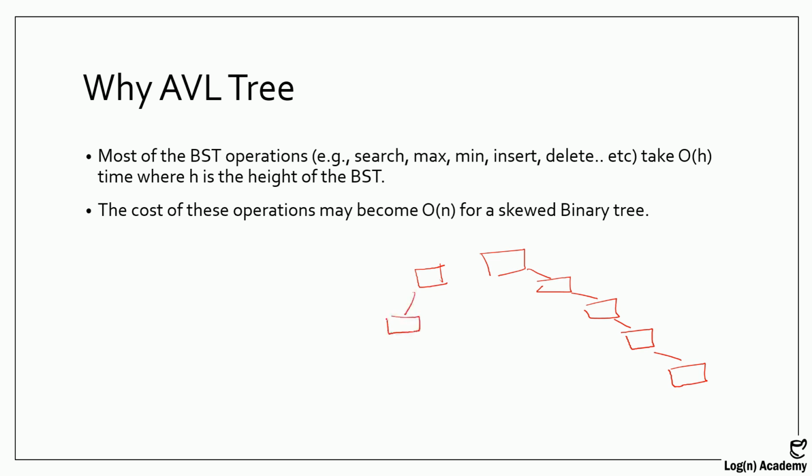This is left skewed and this is right skewed. These trees will result in O of n time, because depending on the number of nodes we have, we will have to search and compare each node to get to the result.